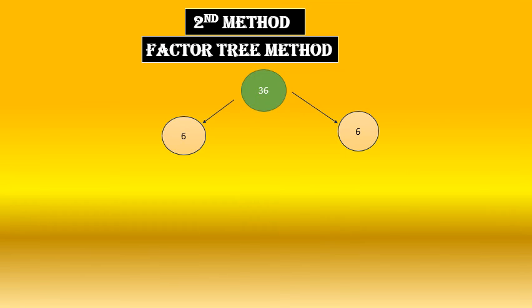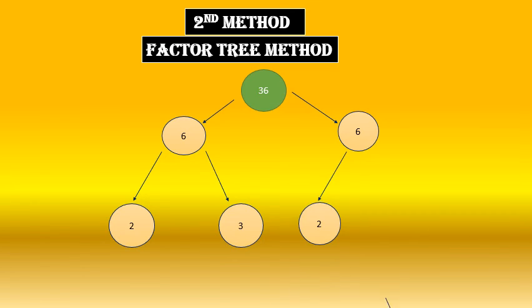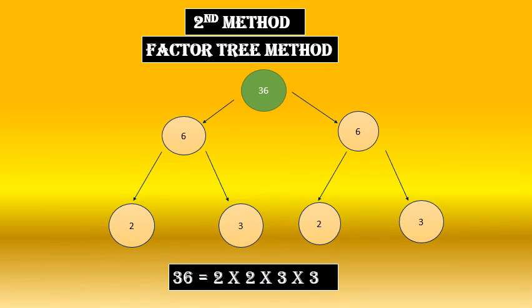Now 6 comes in the table of 2 at 3, and the same I will use for the other 6 also. Now here I am left with 2, 3, 2, 3, and all these 4 numbers are prime, which cannot be divided further. So we can conclude that the prime factorization of 36 is 2 multiply 2 multiply 3 multiply 3.